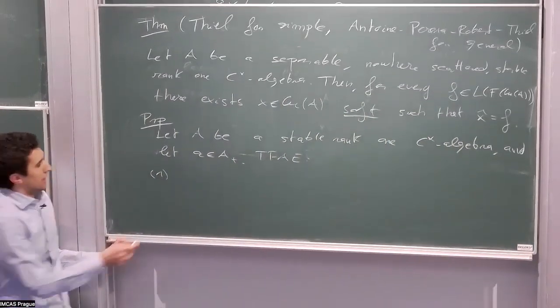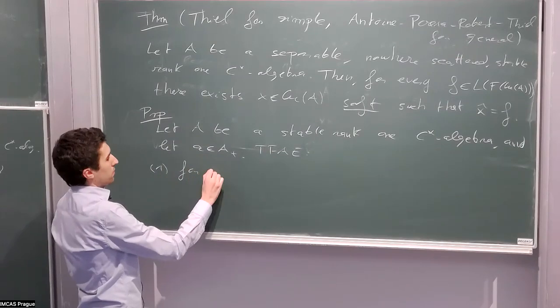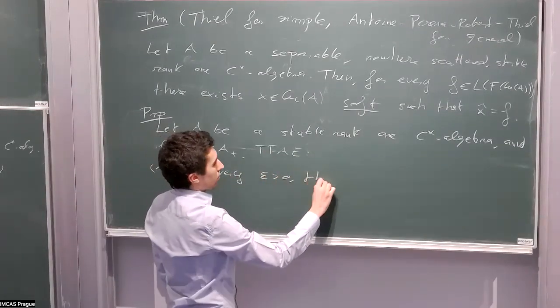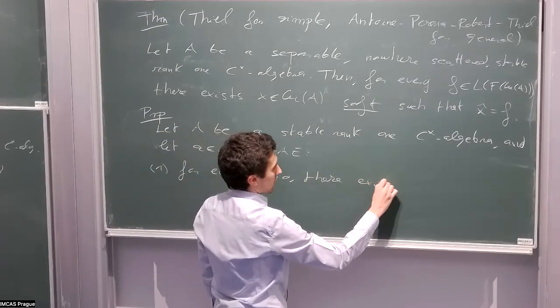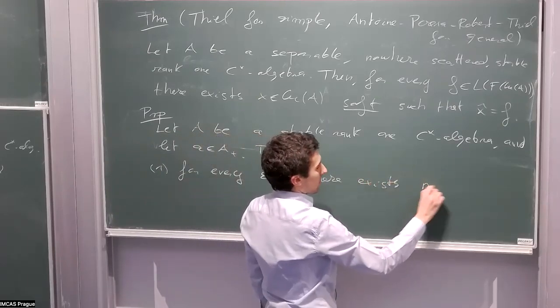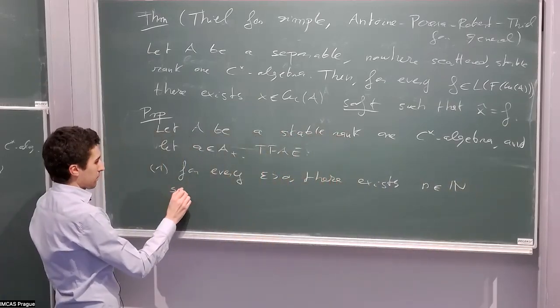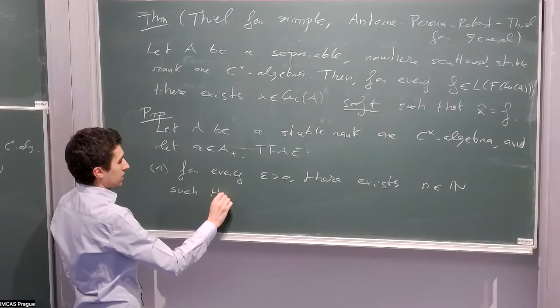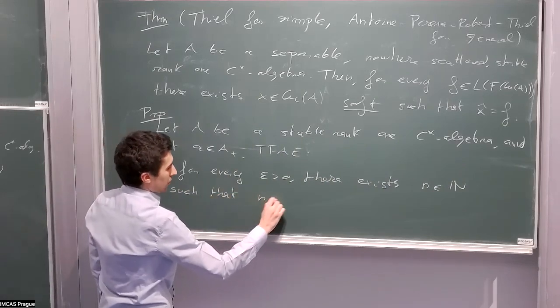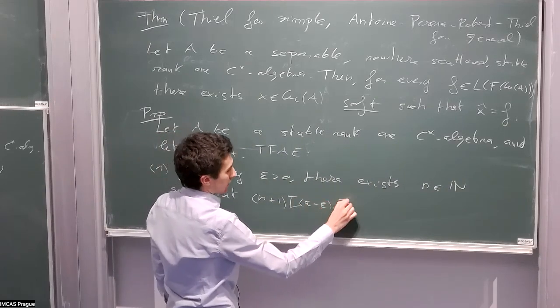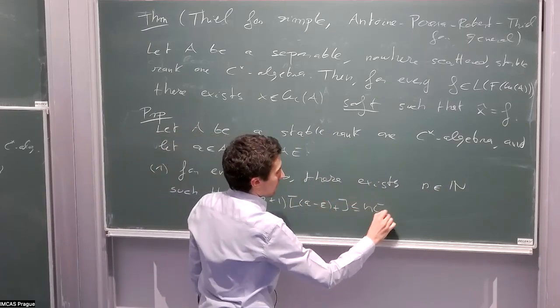The first one is that for every positive epsilon, you can find some n in N, so some natural number, such that n plus 1 times (a minus epsilon) plus is bounded by n times a.